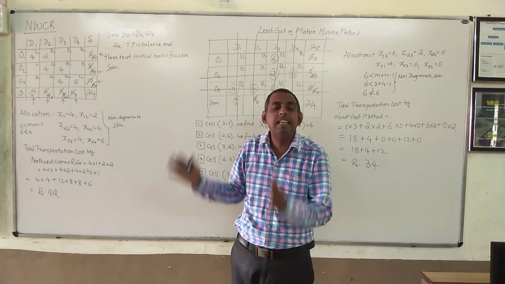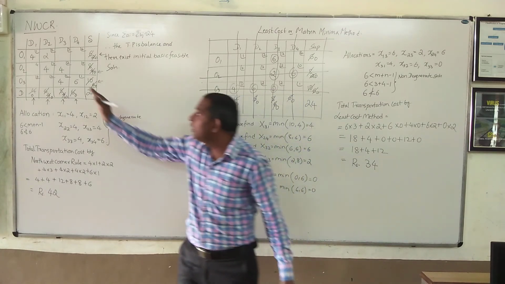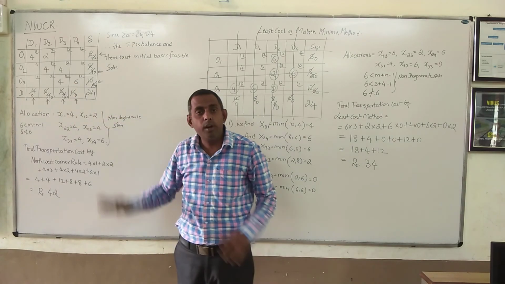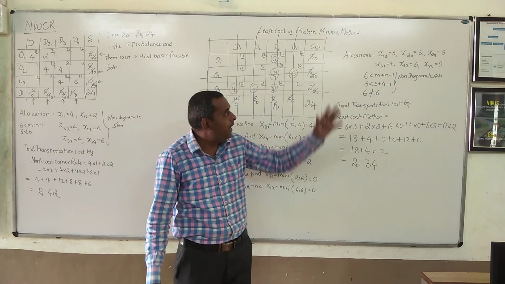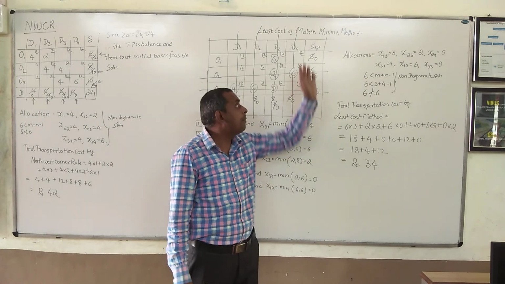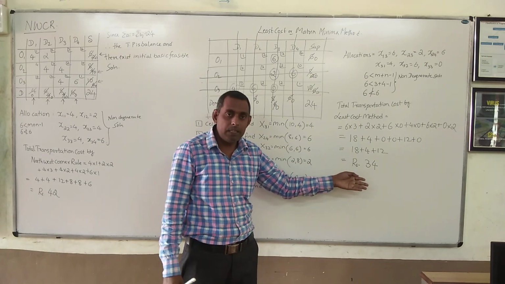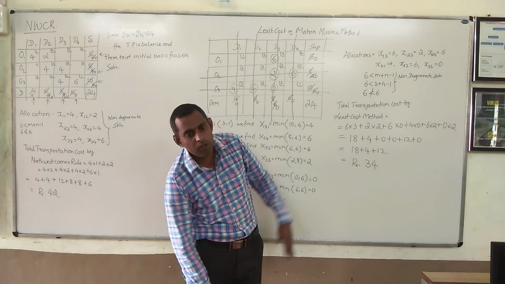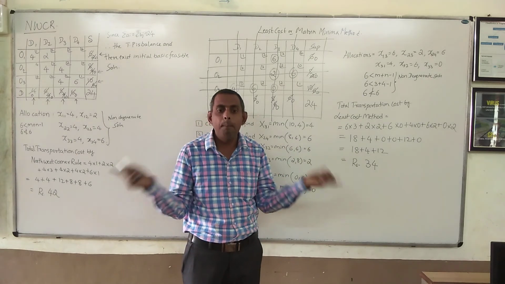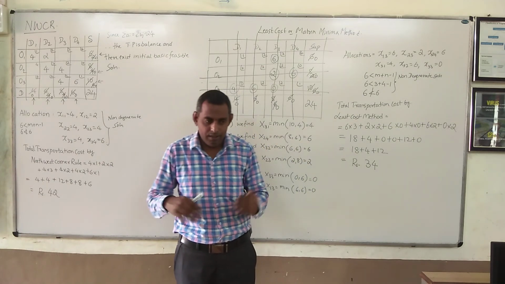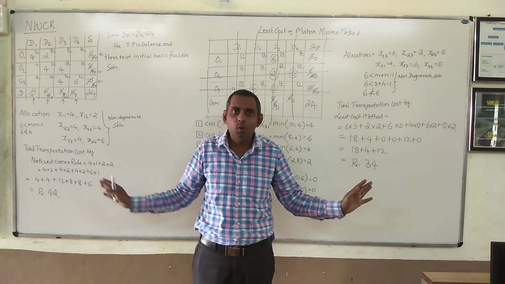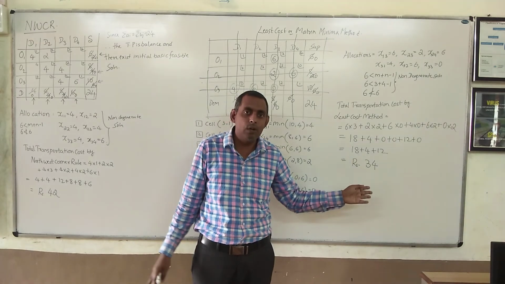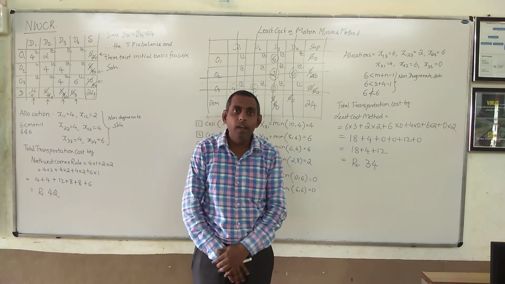This is the initial basic feasible solution using the northwest corner rule for a transportation problem, and the least cost or matrix minima method for the transportation problem. So this is the comparison. I think we had a repetition of both the northwest corner rule and the least cost or matrix minima method. Fine. Thank you.